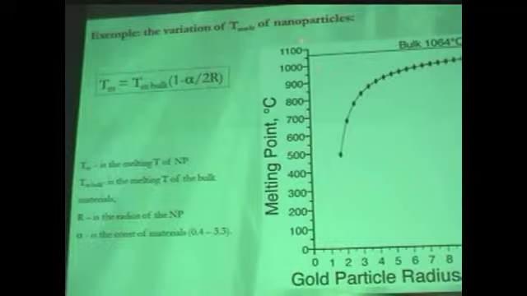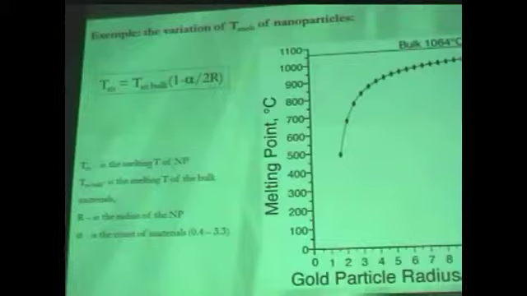Here we can see the variation of the melting point as a function of the gold nanoparticles radius. We can see that for the bulk gold, the melting temperature is equal to 1064 degrees Celsius.